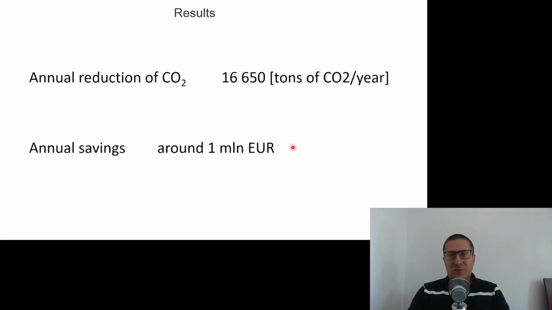It's a lot. It results in annual savings of around 1 million euro. And it's all because we minimized the heat losses. So we were not using coal or gas to heat up the air, but really using it to deliver heat to end users.